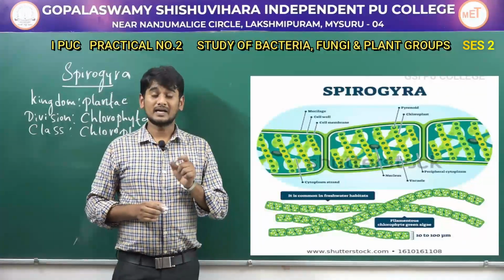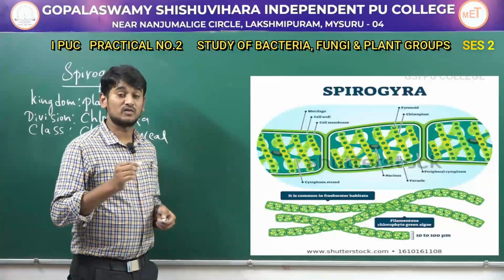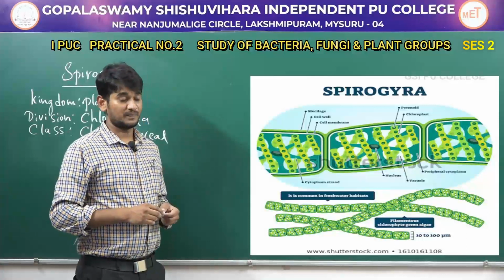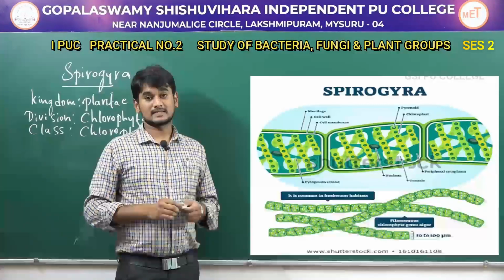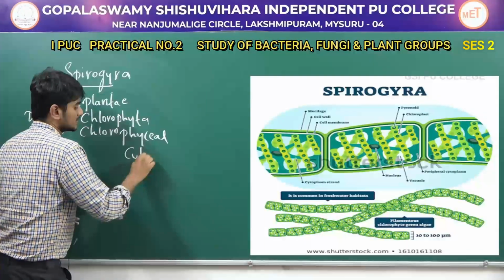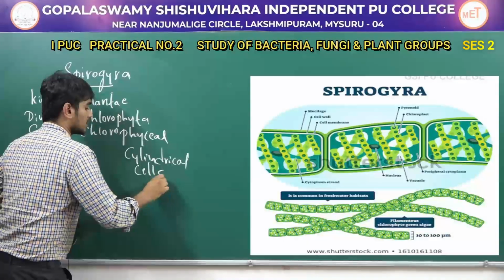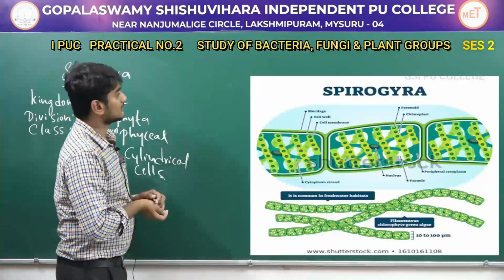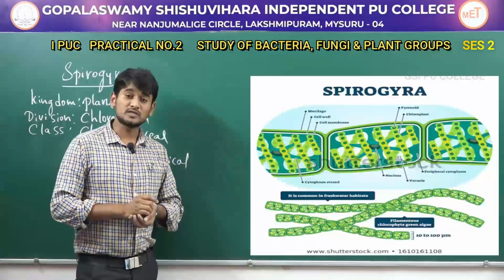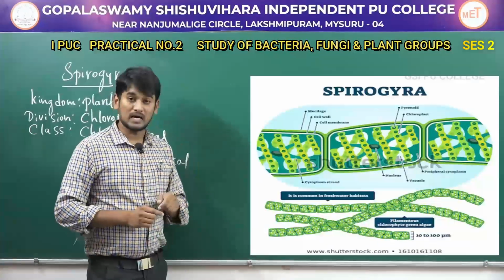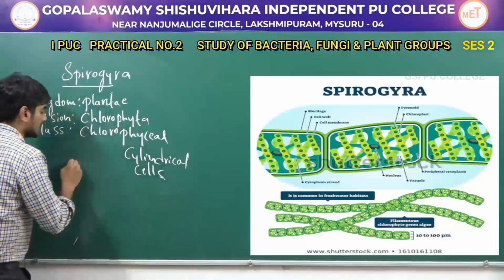Spirogyra is a green alga, unbranched and filamentous and slimy, found in stagnant water. Spirogyra shows cylindrical cells. On the right side you can observe each cell is cylindrical, arranged one near another, and each cell shows spirally arranged chloroplast.